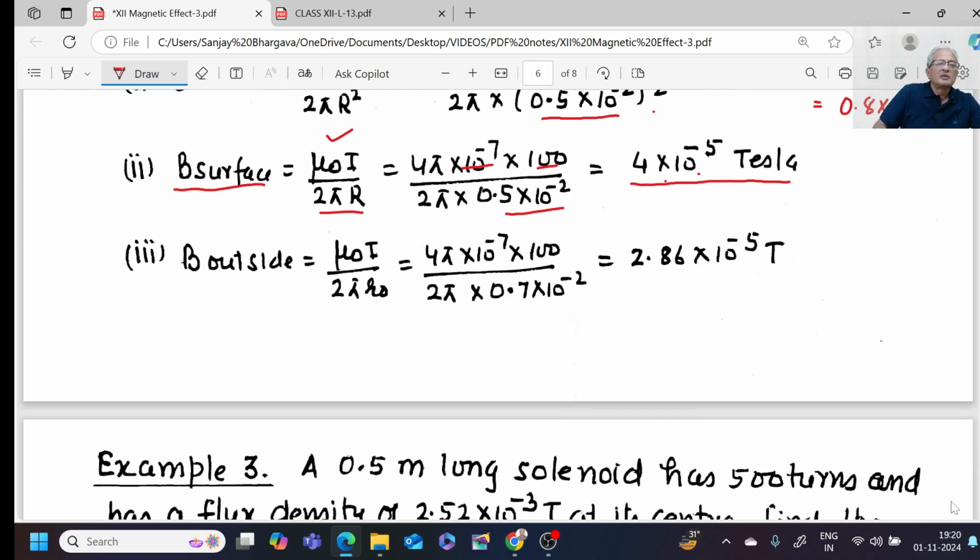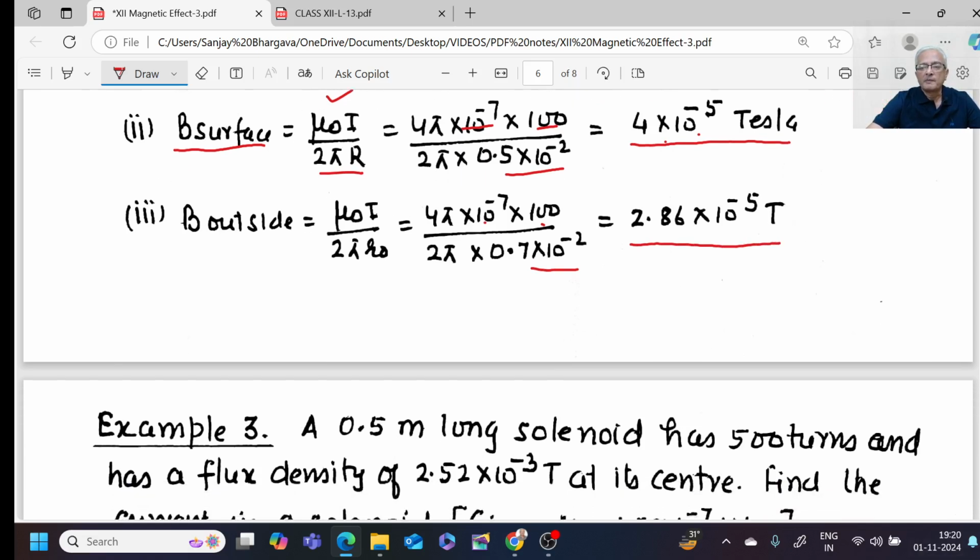So outside B would be equal to mu 0 I upon 2 pi ro, 4 pi into 10 raised to power minus 7 into 100 the strength of current, 2 pi and ro is 0.7, 0.5 is the radius and 0.2 is the distance of the external point. So 0.7 into 10 raised to power minus 2, and it gives me 2.86 into 10 raised to power minus 5 Tesla.